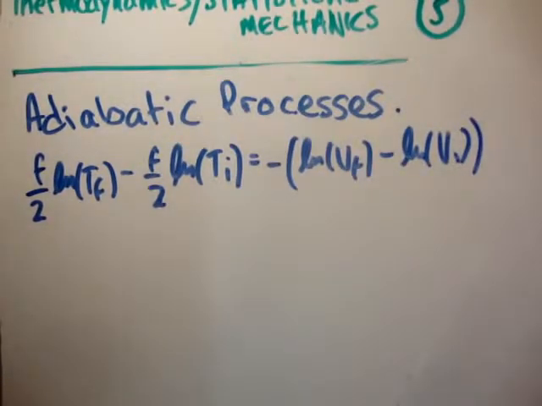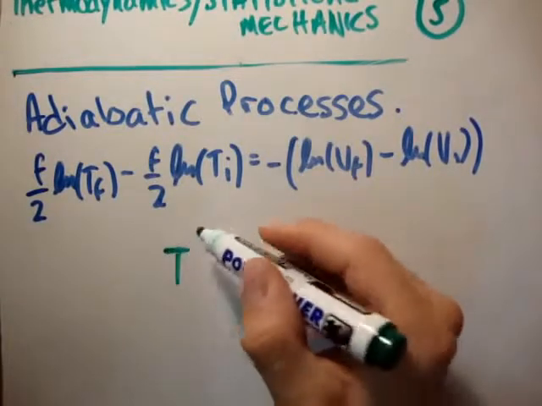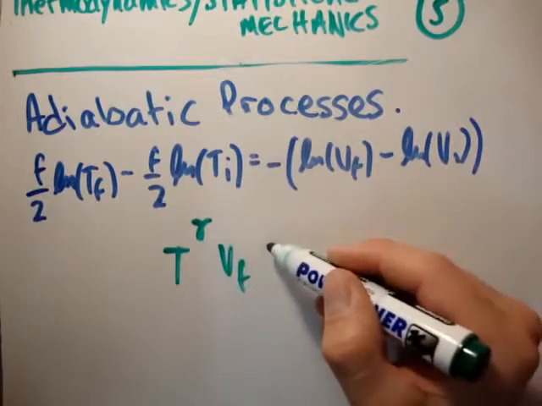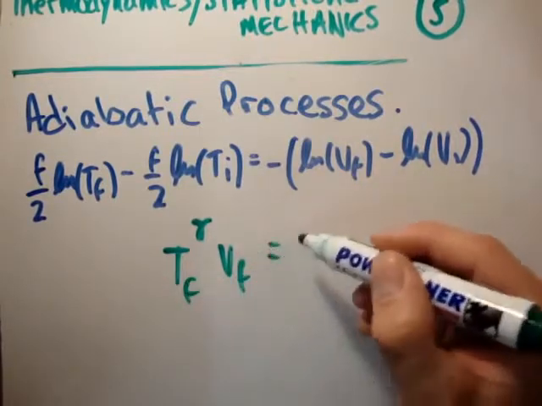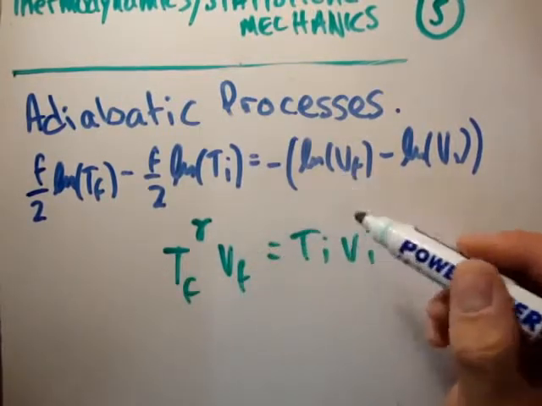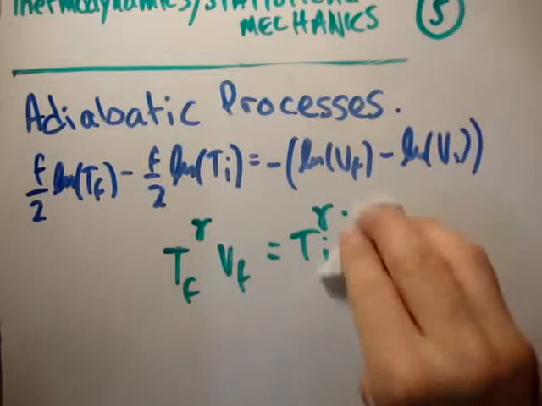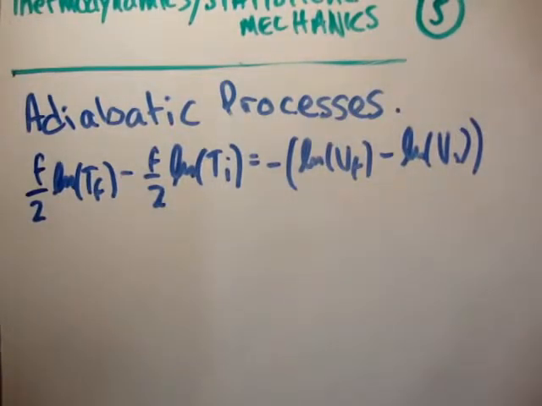And the form we're going to try and get is tf vf to the gamma equal to ti vi, and then some sort of an exponent. Gamma is just some sort of exponent. That's what we want. So in other words, I'm going to try and put the finals on one side and the initials on the other. So let's go ahead and do that.